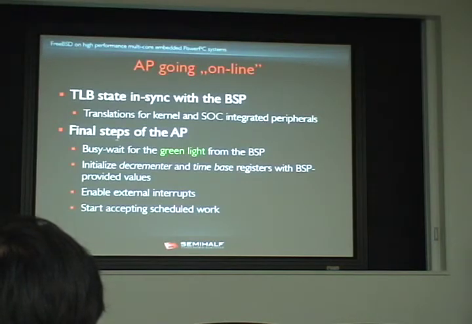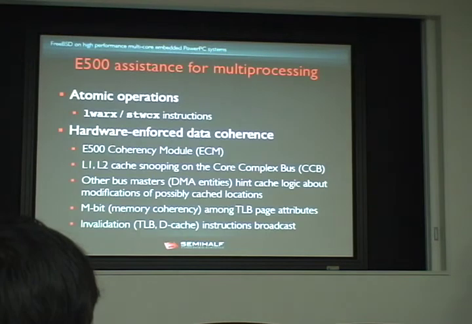So just before this, also an important item is that both cores have synchronized their TLB view of the system, so they can have the same view, and in particular, they both can access the SOC register, so they could do operations on the I/O in the same way.